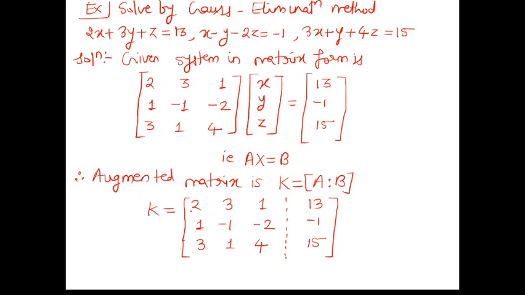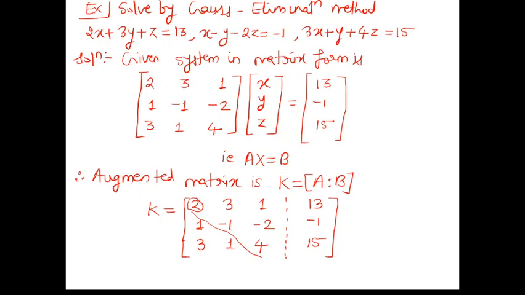Let's work for reducing this into an upper triangular form. So we need to identify the diagonal elements. Once we get diagonal elements, go for the first diagonal element. The first diagonal element over here is nothing but this 2, right? So make use of this 2 in order to make all other elements lying below it 0.